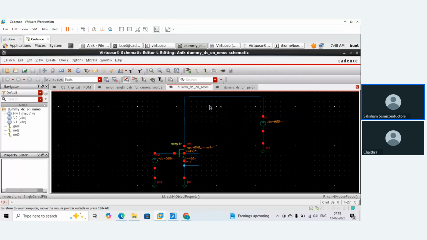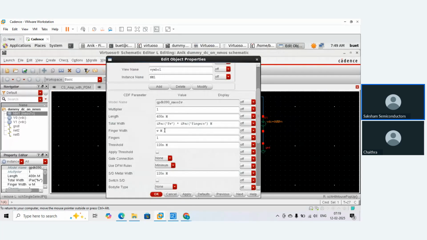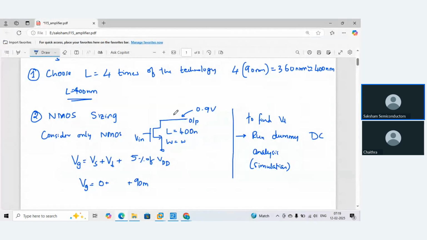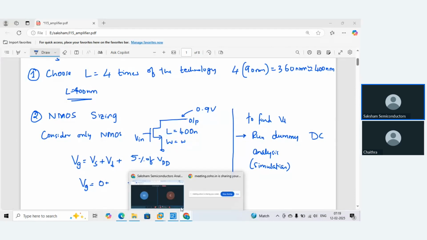So let's try to do that. Like I mentioned, I'll choose the value of W as W and I'm going to keep the value of L as 400, and this voltage is 900 milli, because if you see over here, this is 0.9.